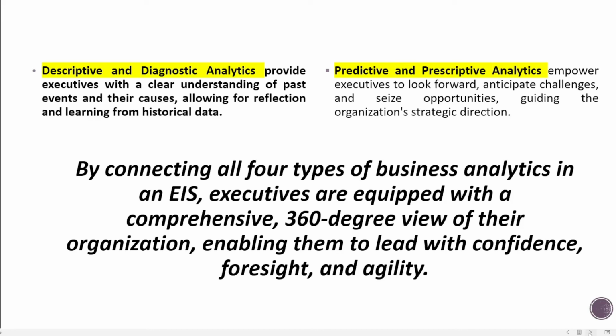And predictive and prescriptive analytics empower executives to look forward, anticipate challenges, and seize opportunities, guiding the organization's strategic direction. Okay? So when you connect all four of these, executives are now equipped with a comprehensive 360-degree view of their organization, enabling them to lead with confidence, foresight, and agility. So that's our discussion on executive information system.